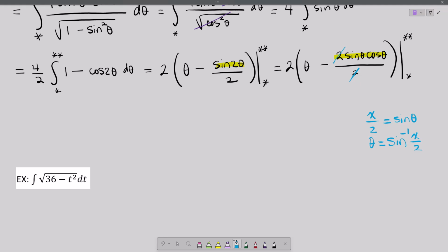All right, now here is the new piece. With trigonometric substitution, this technique is a visual technique on how to go back. What we do is we always draw a right triangle as if it's in quadrant 1 of the unit circle. So it's always going to be that way.